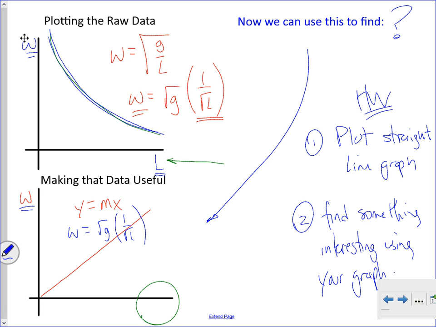Make that graph, and then second, use that graph to find something interesting.